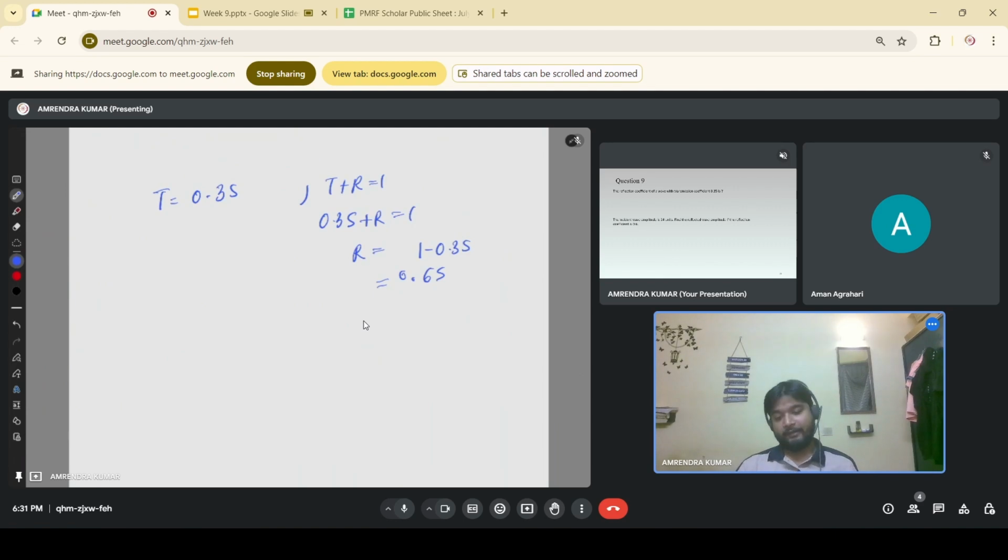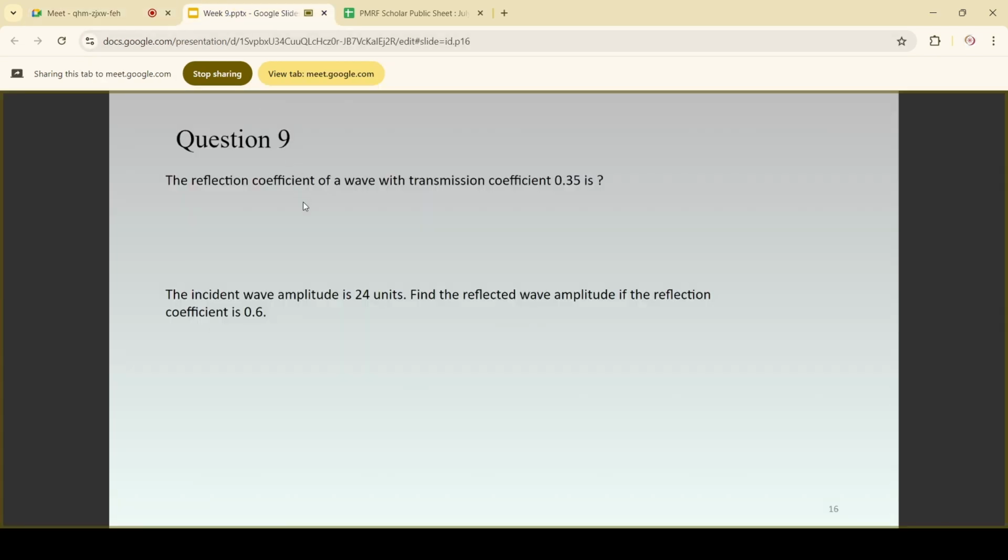Okay. Now the next question is that the incident wave amplitude is 24 units. Amplitude incident means E0 I is 24. The reflection coefficient is 0.6. So what will be the reflected wave amplitude?